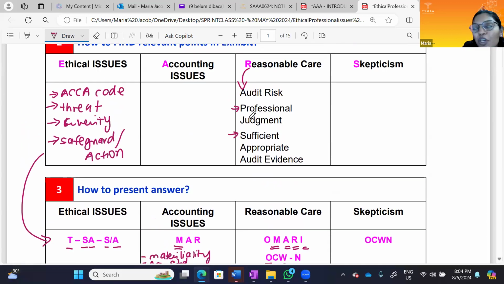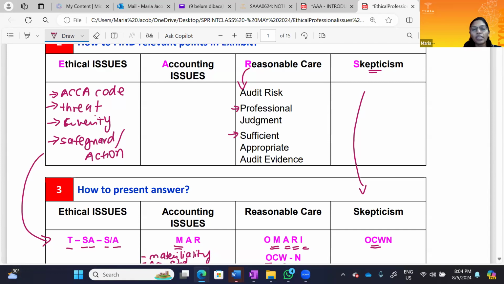When we do questions, you will have a better perspective. Now, when you talk about skepticism, each of the auditors is supposed to exercise skepticism, but if they have any problem where they are unable to exercise skepticism, you are going to discuss it from the commenting perspective, OCWN.